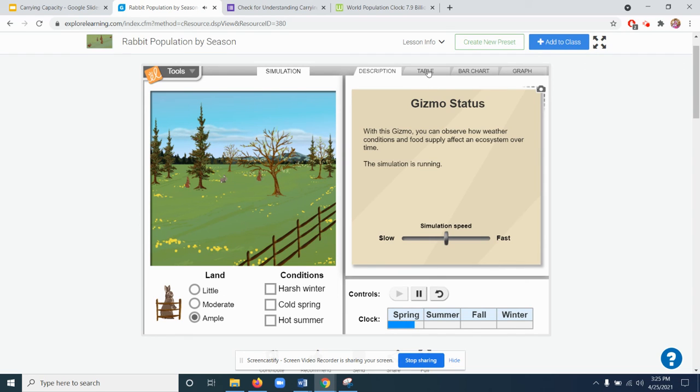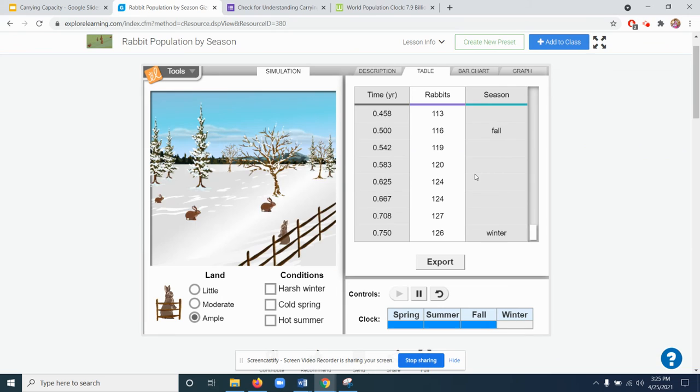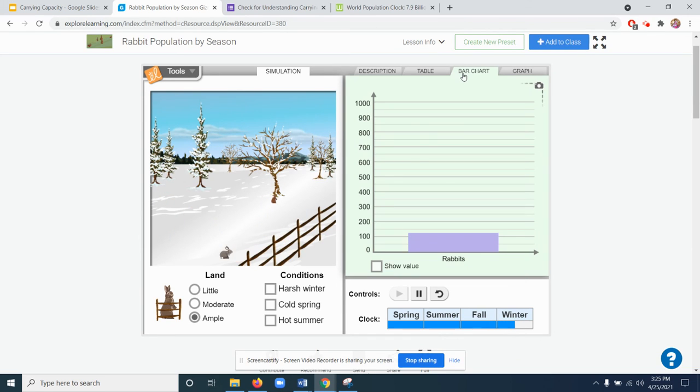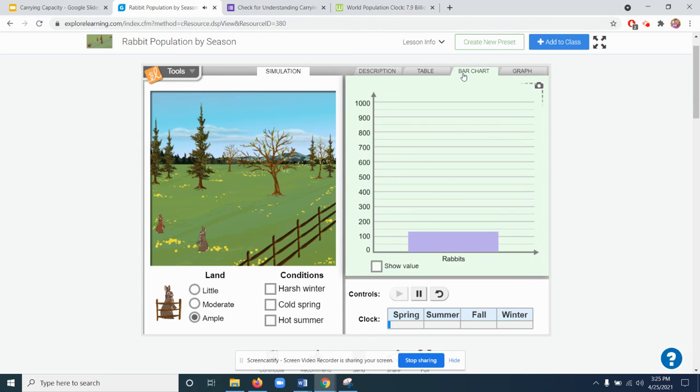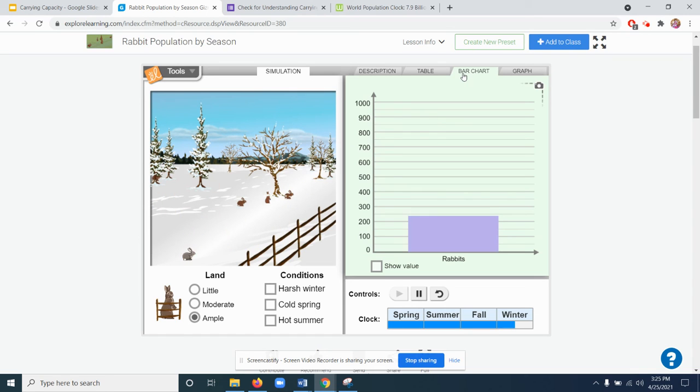And then here we can see our population numbers of our rabbits through different seasons: spring, summer, fall. That's our table. Here we have a bar chart. We can see it's going up, increasing, and then it kind of slows down. And then in fall, it goes up a little bit, and then in winter, it went down a little bit.